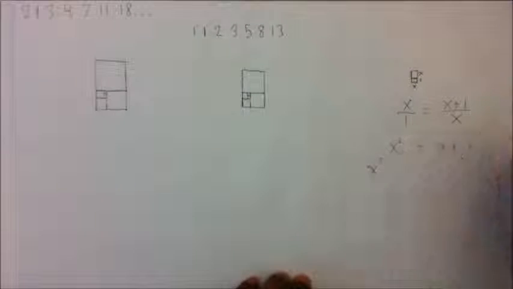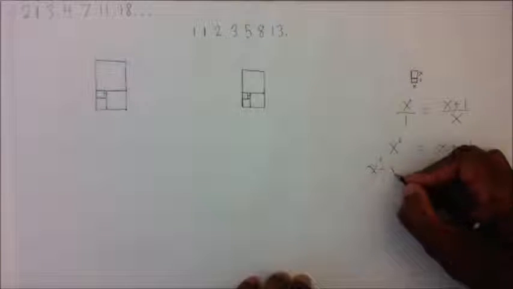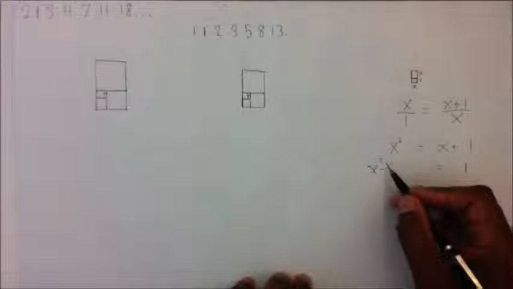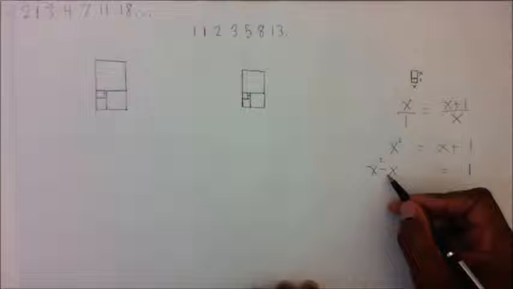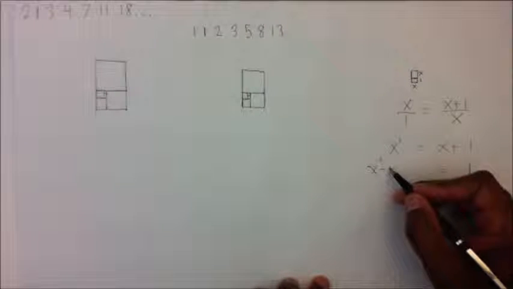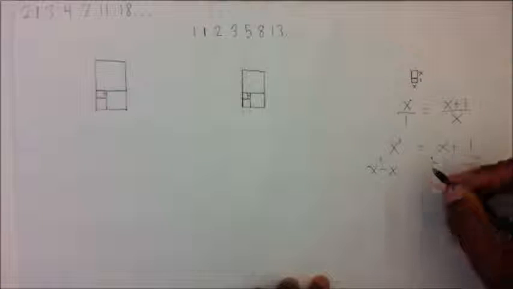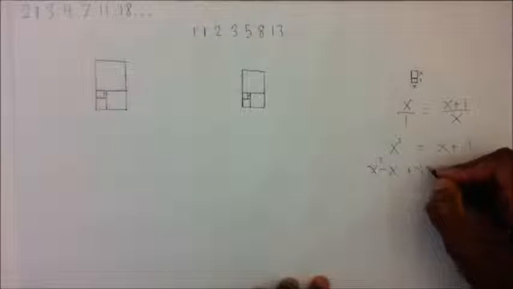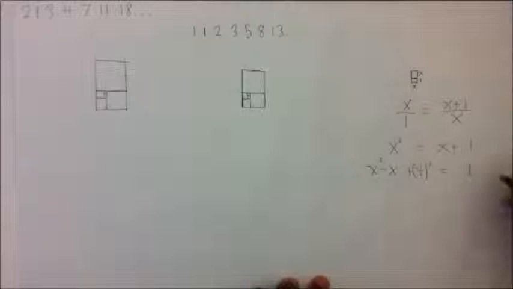So x squared minus x is equal to 1. So I will take half of this coefficient, square it, and add it to both sides. The coefficient is -1, so half of that is -1/2, squared. So plus (-1/2) squared, which is the same as adding a quarter.